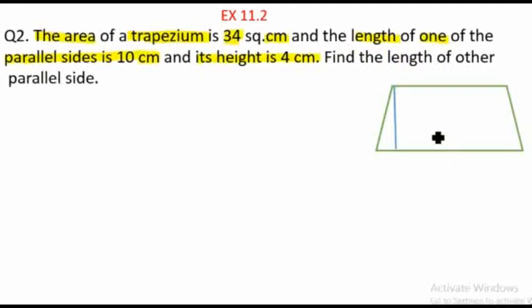Here the area of this trapezium is 34 centimeter square, one of its parallel sides is 10 centimeter and the height is 4 centimeter. So we have to find the other parallel side, which we don't know. So let this required side be x centimeter.